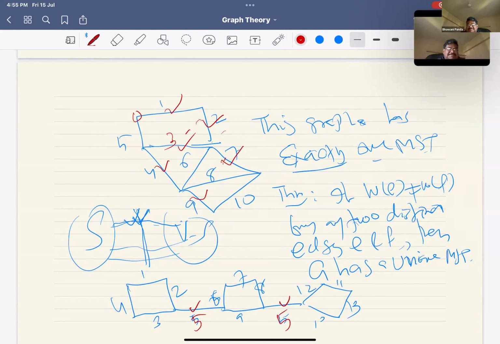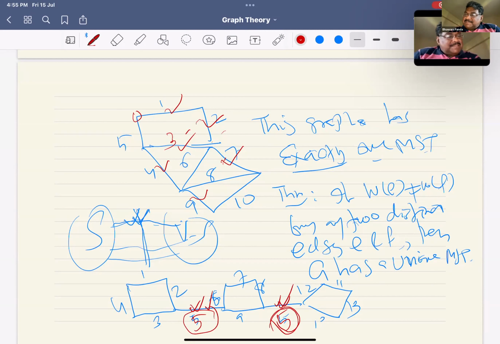Why is that the case? These edges are special edges. These are cut edges. This will be present in every MST. These two edges are cut edges.